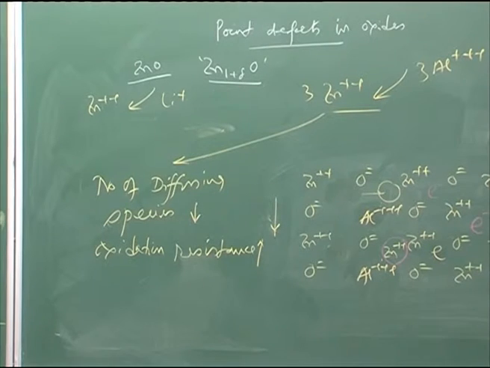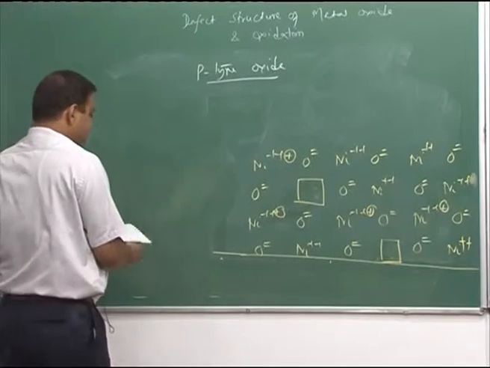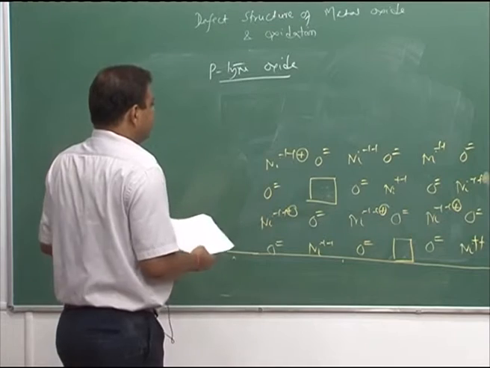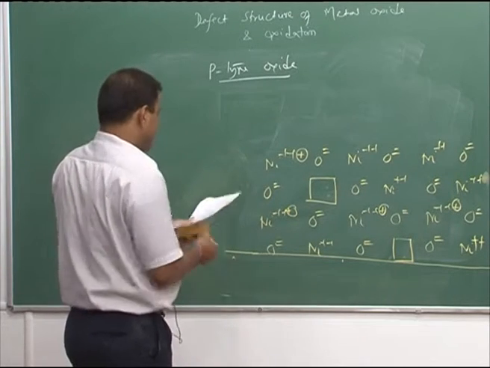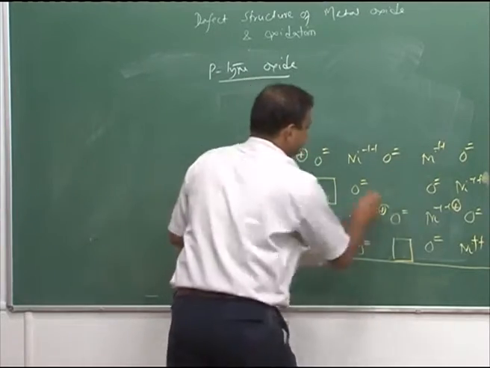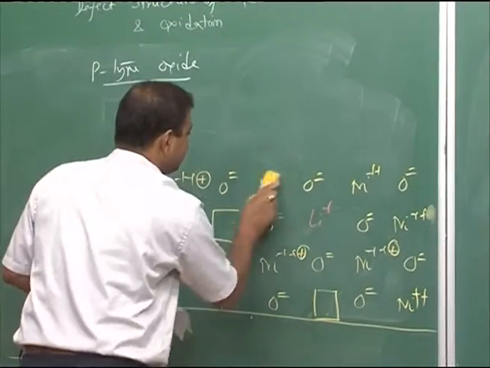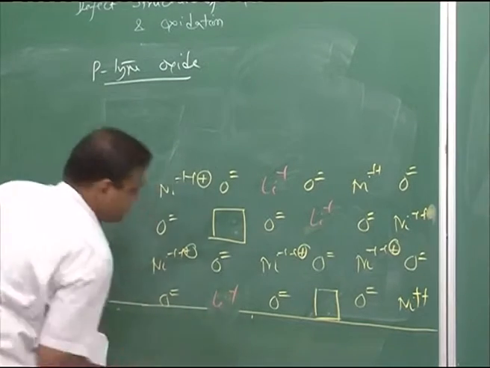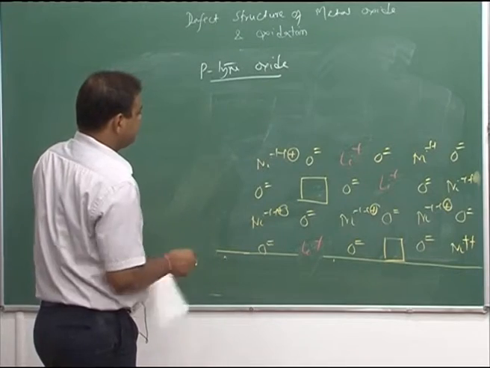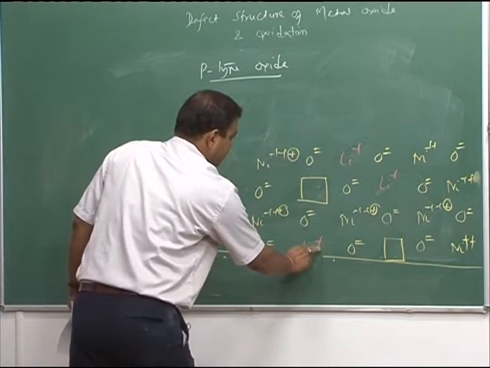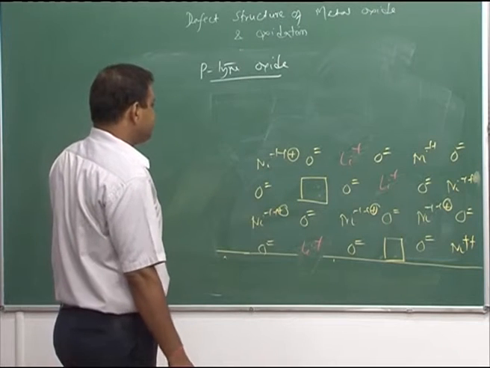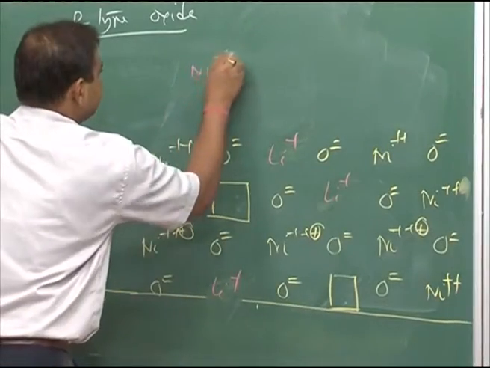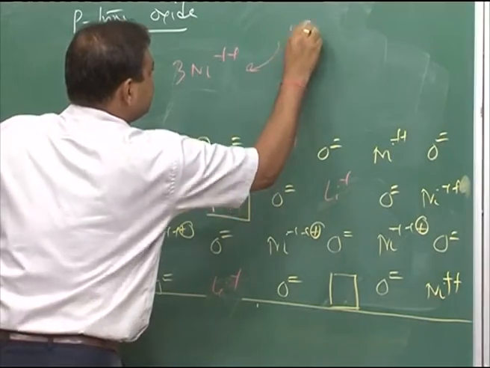Now, what would happen in the case of nickel? In case of nickel, if we replace 3 nickel cations from their normal lattice points with lithium plus, we are replacing nickel plus 3 with 3 Li plus.